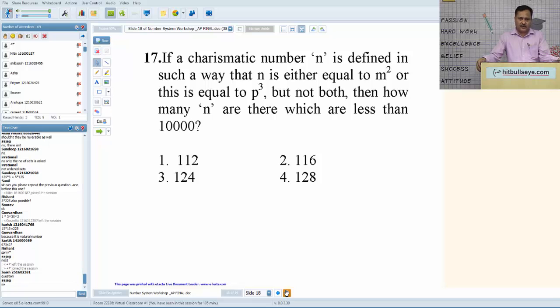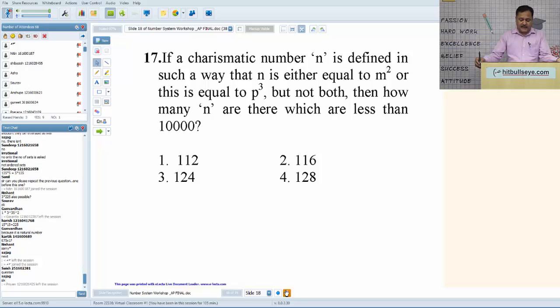That means power should not be equal to 6. So it can be a perfect square, but it cannot be in the form of a raised to power 6. It can be a perfect cube, but it cannot be in the form of a raised to power 6. It can be m square, but it cannot be in the form of m raised to power 6. It can be a p cube, but it should not be in the form of p raised to power 6.